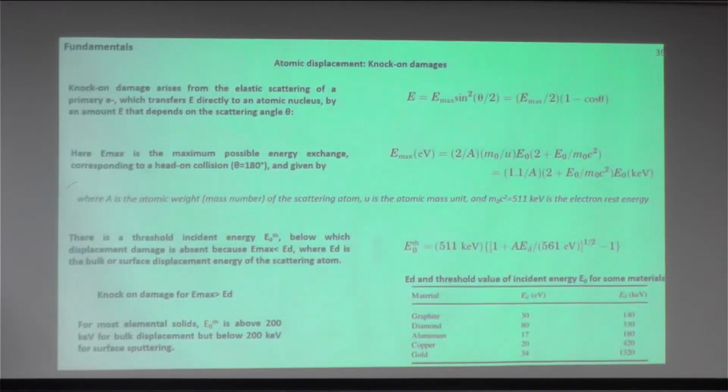So now let's look at the atomic displacement. Atomic displacement is so-called knock-on damage in the material. Knock-on damage arises from elastic scattering of electrons, and the electrons transfer energy to the atomic nucleus.